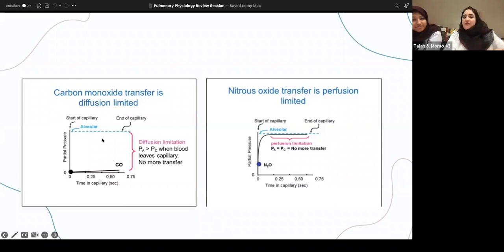PA is never going to equal PC with carbon monoxide, so it will always be diffusion limited. You get me?